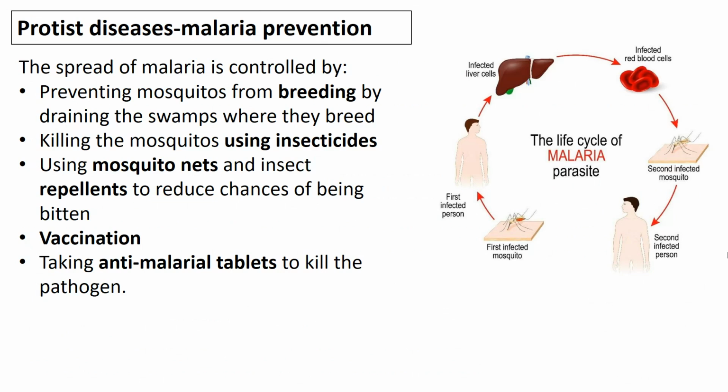So you can stop mosquitoes from breeding if you drain the swamps where they breed. You can kill the mosquitoes using insecticides. You can use mosquito nets and insect repellents to reduce chances of being bitten. You can actually vaccinate, although it's not massively effective as a vaccine. There are some vaccines for malaria, and you can take anti-malarial tablets, and they help to kill the pathogen should it get into your body.